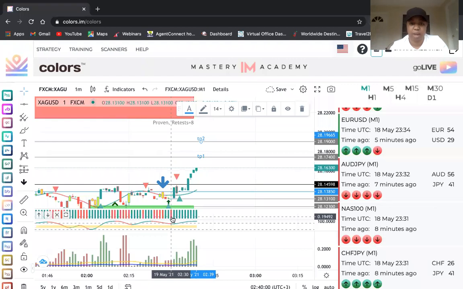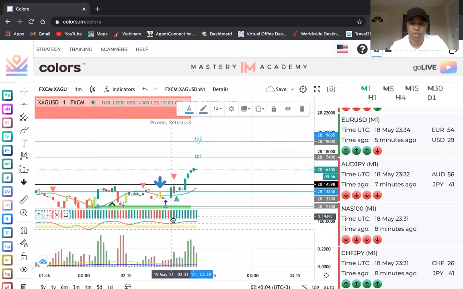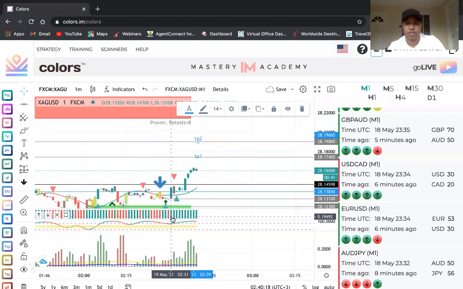As you can see, the buyers are coming in strong. It might pull back a bit, guys, but do not panic. Do remember this is indices, so it might pull back a little bit and then it will shoot up.